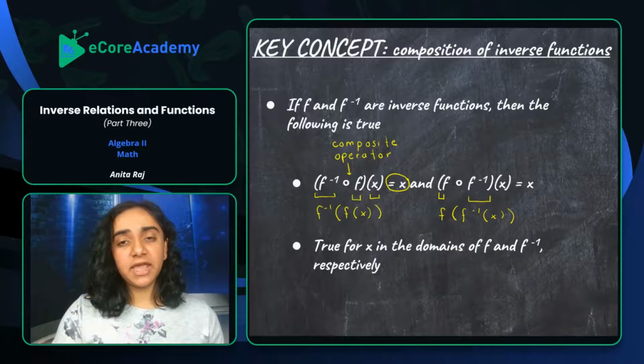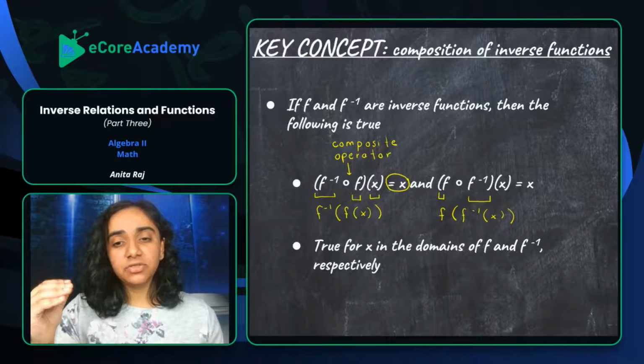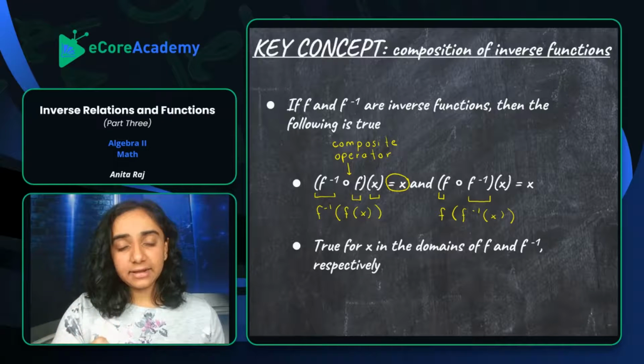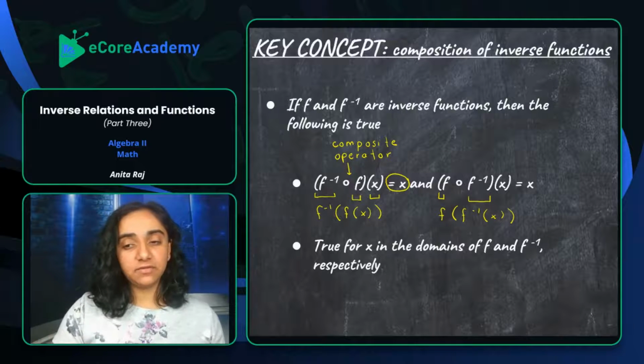In that case, if the x that you're inputting into the composite function does not belong in the domain of either f inverse or f, then this rule does not apply anymore. So the x that you're inputting into your composite function must belong in the domains of f and f inverse.